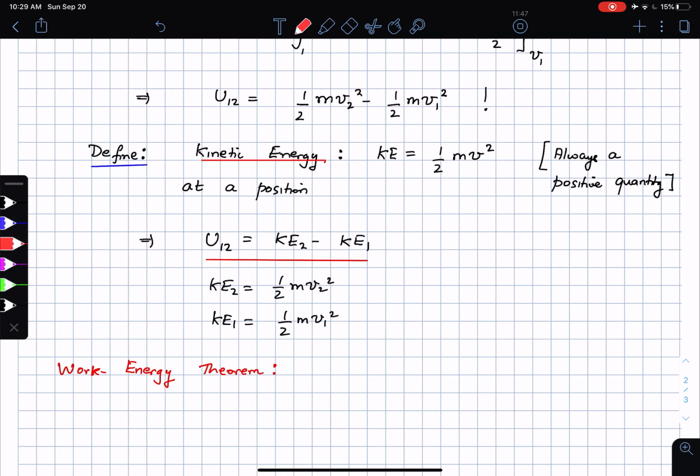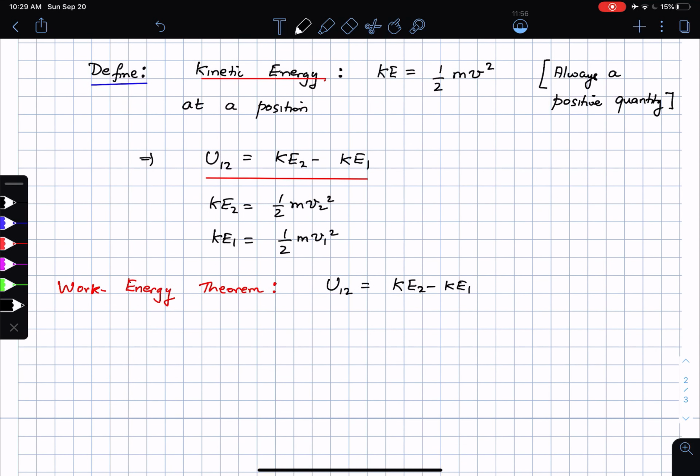Okay, which is this statement here: U12 is Ke2 minus Ke1, and the meaning of this statement is the following.